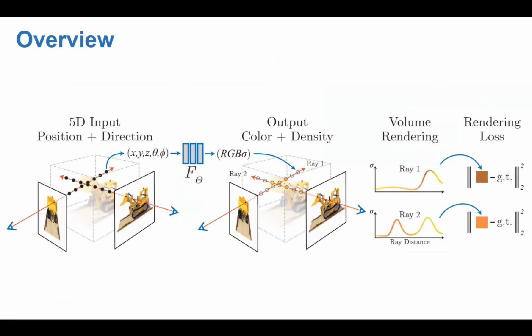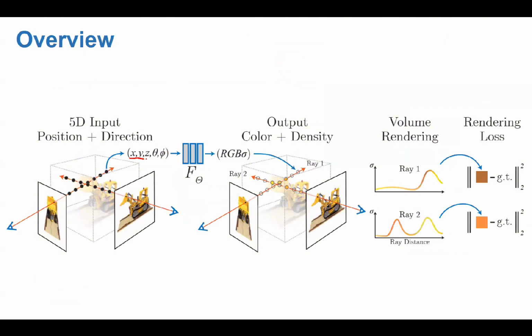But basically what happens now is that if this is the scene and we have a few input images, for each pixel of each input image, we can do this exact thing: pass a ray into the 3D space and sample 3D points in the space.